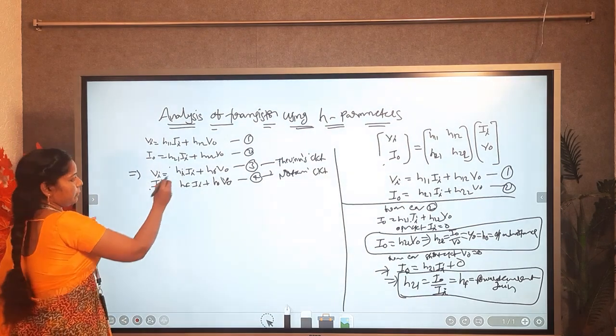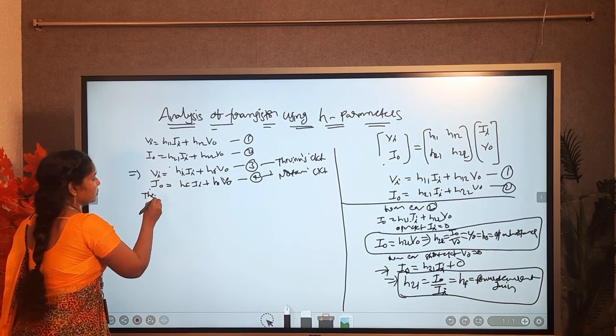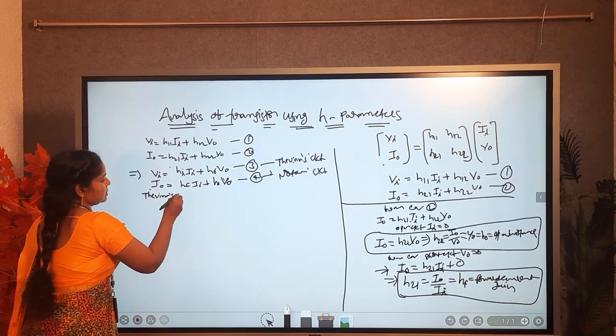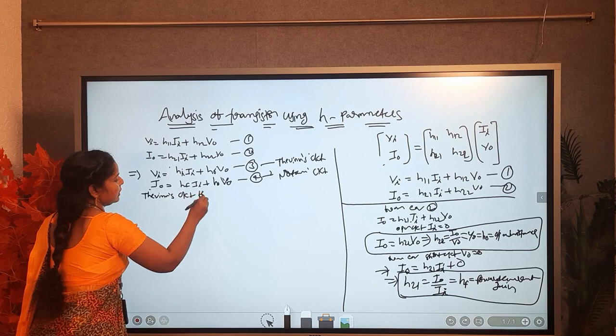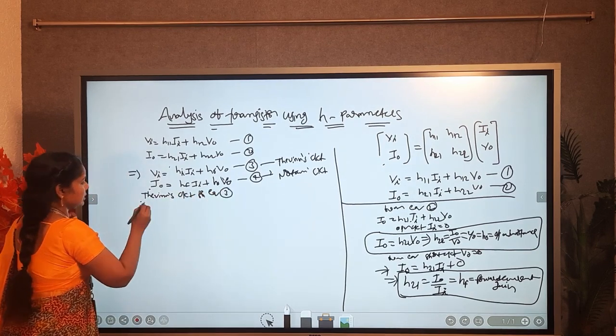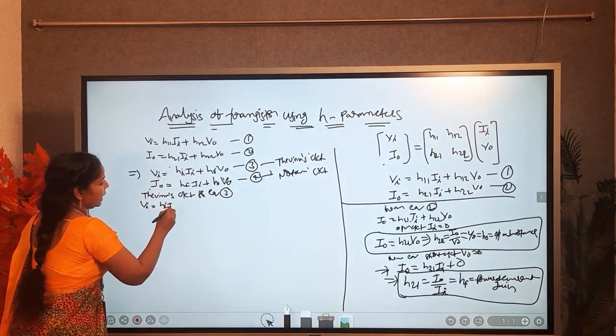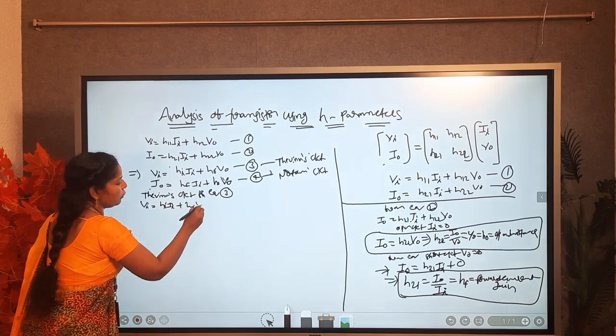Thevenin circuit, from equation number 3. What is this? Vi equals Hi into Ii plus Hr into V naught.